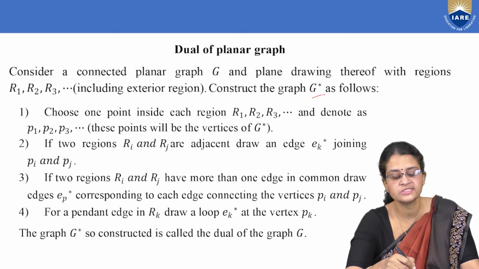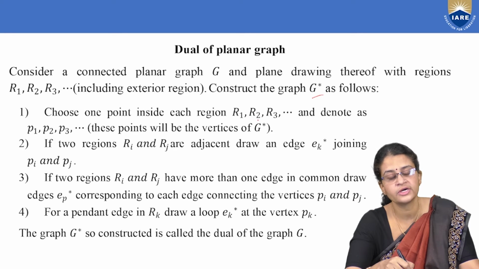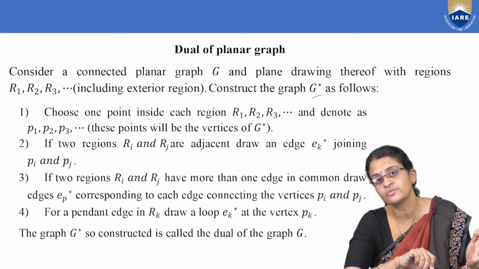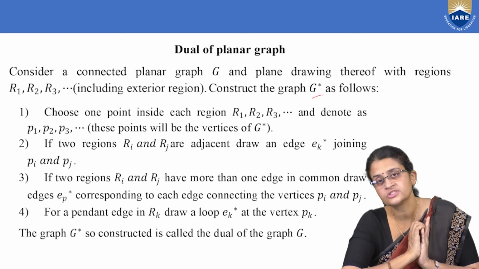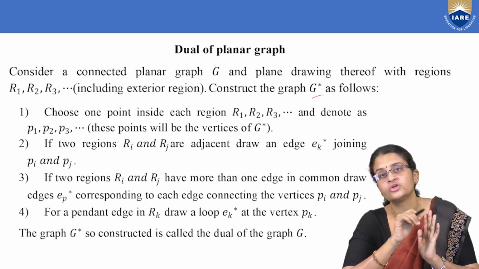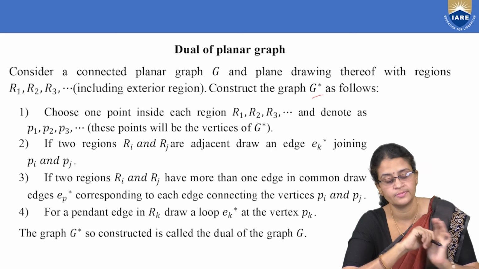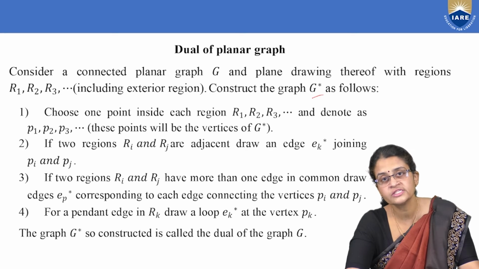Choose points inside R1, R2, etc., so that the points are P1, P2, P3, etc. These points are going to be the vertices of the new graph that we are going to construct, G star. If two regions Ri and Rj are adjacent, then draw an edge Ek star joining the points Pi and Pj, because we have put Pi and Pj in the centers of Ri and Rj.